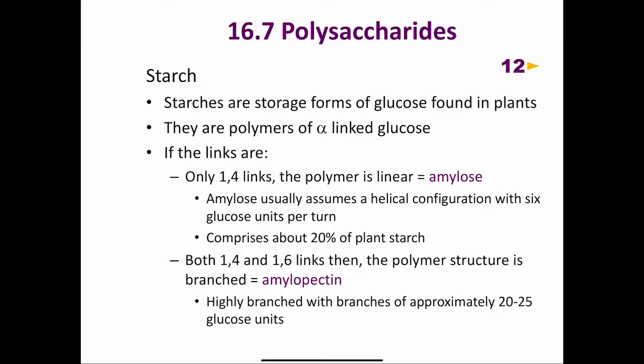Starch is a heterogeneous material composed of the glucose polymers amylose and amylopectin. Amylose, which accounts for about 20% of the starch of a plant cell, is a linear polymer of alpha-D-glucose molecules connected by glycosidic bonds between the carbon 1 of one glucose molecule and the carbon 4 of a second glucose molecule.